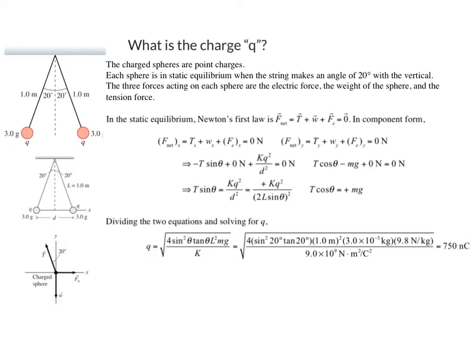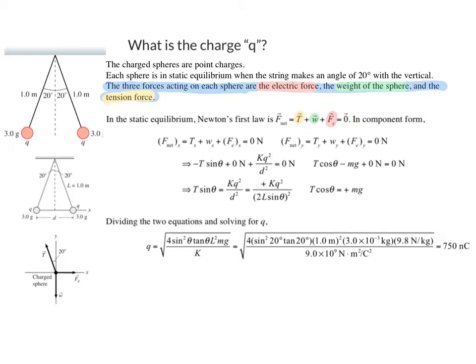So you have the tension in the strings. You have the weight of this. So the 3 forces acting on each sphere are the electric force, the weight of the sphere, and the tension force. So the electric force here, the weight of the sphere there, and the tension force there.